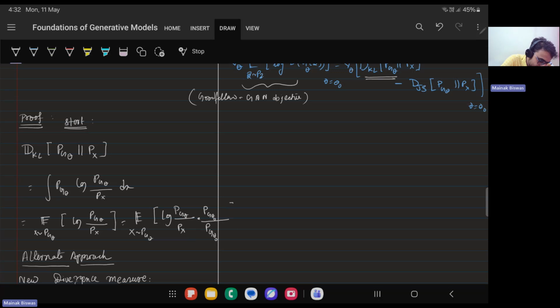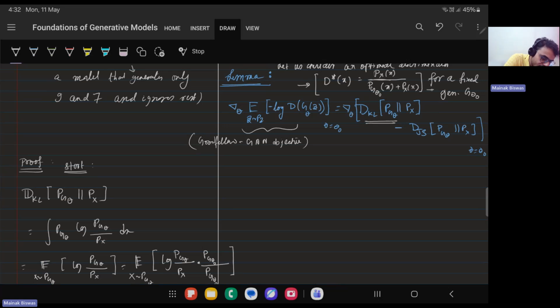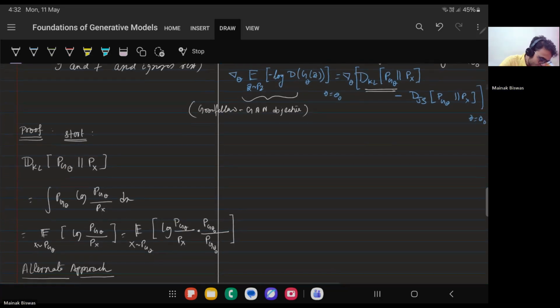Now I know an equation from this. This is given to me: p_g theta in terms of p_g theta_0 is given to me. So if I take this ratio, I can write it in terms of the discriminator, like we did for the ratio GAN. So this is why we did it then.